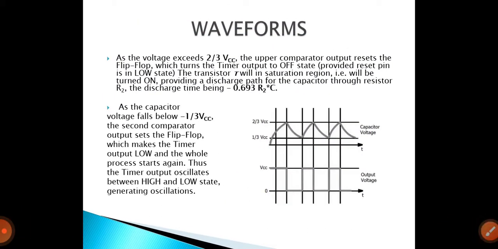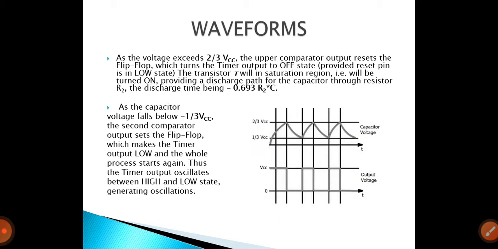As it exceeds 2 by 3 of VCC, the upper comparator output resets the flip-flop, the transistor output is off. The state provides the reset is low. The transistor T will be in the saturated region, turned on, providing the discharging path for the capacitor through the resistor R2.